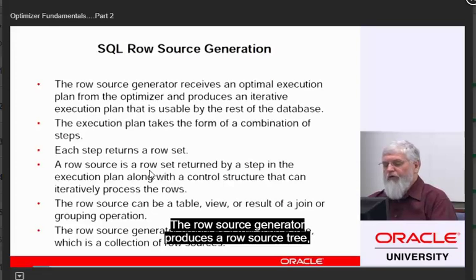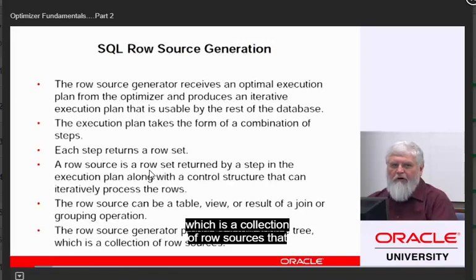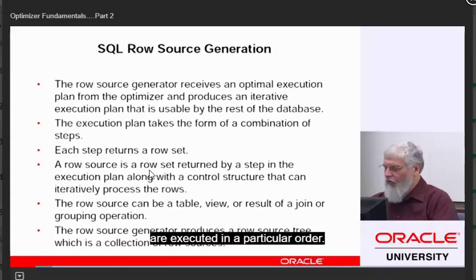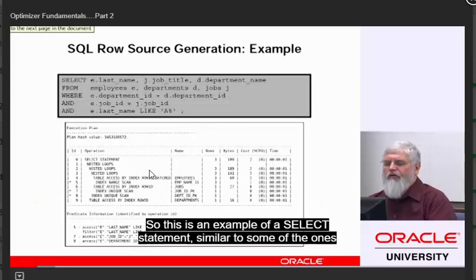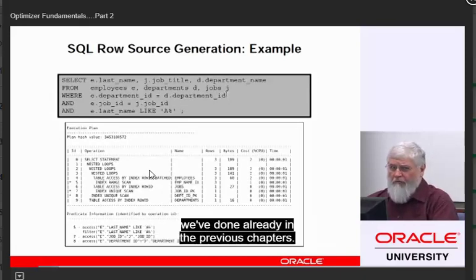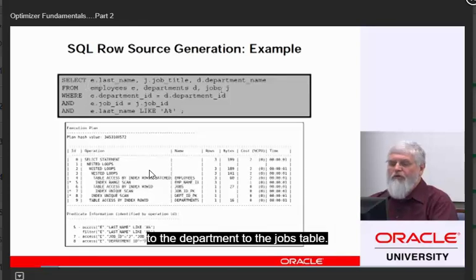So this is an example of a select statement similar to some of the ones we've done already in the previous chapters. We're joining the employee table to the department table and to the jobs table. It's an equal join between the employees table and the department table based on the department ID in both tables.